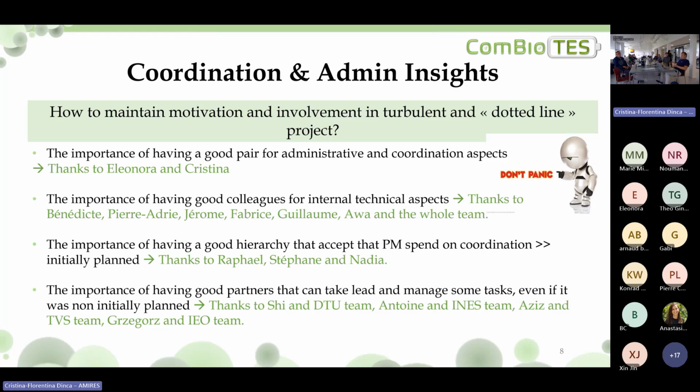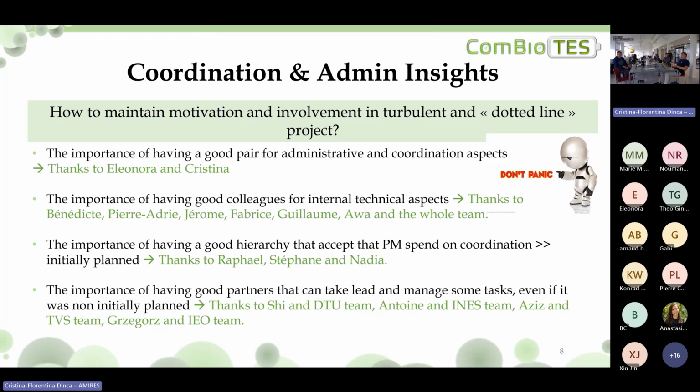It is really important, because I know that my chief is listening, to have a good hierarchy. It was quite complicated for the hierarchy also, because we had a lot of delays, so they had to plan something internally that was never expected.